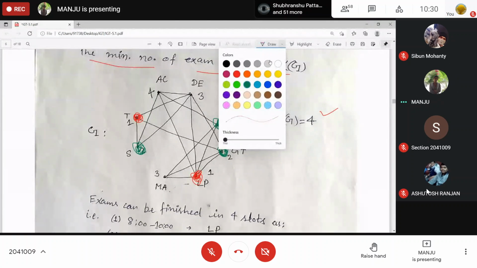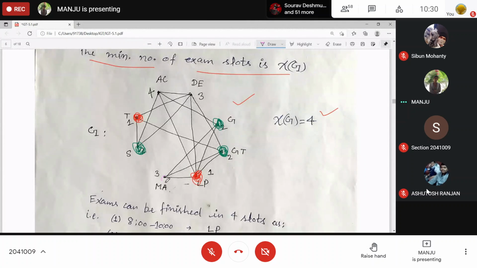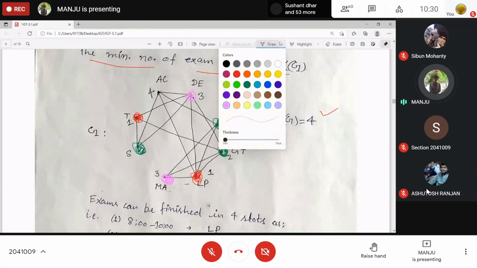We can take the third one as modern algebra, and parallelly this to this, everything is done. Anything else? This one also, can we use 3? No, we cannot use 3, it is adjacent to this, right? This one is adjacent to 2 over here, 1 over here, 3 over here. So for this one we have to use the 4th. Clear?